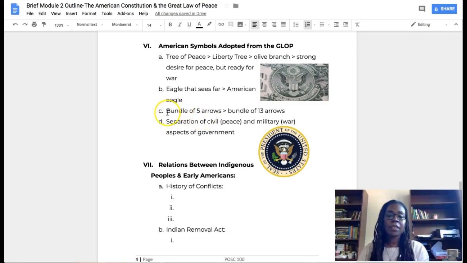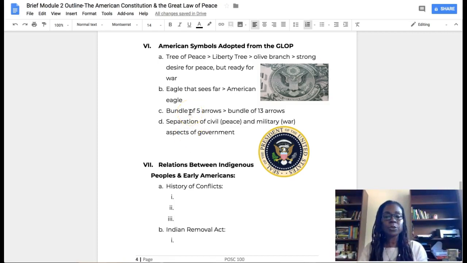And then the bundle of arrows that was said to be buried beneath the Tree of Peace to represent the five tribes coming together. Well, in American symbology, again, on the back of the dollar and on the presidential seal, you can see that this bundle of arrows is present, but an important change is that it was changed to 13 arrows, representing the 13 colonies. So some changes were made, but these symbols were definitely borrowed and integrated into American symbology.